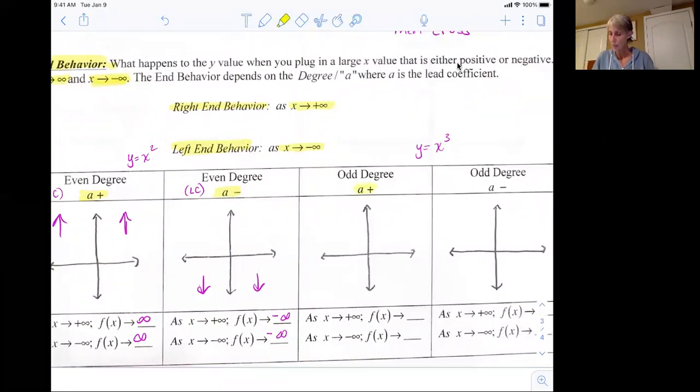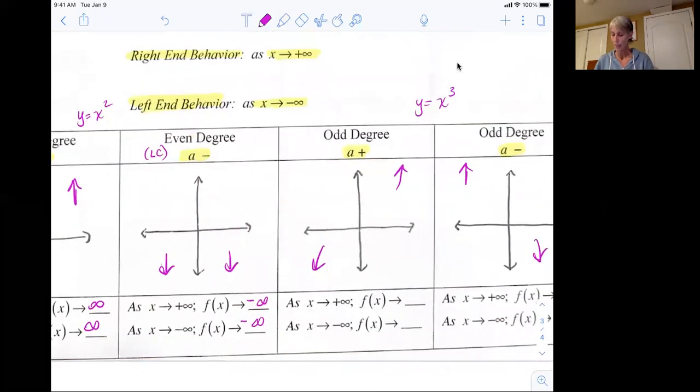If a is positive, it's going to be the x cubed function in its most basic form. We don't care what happens in between here. And when our lead coefficient is negative, it just flips over the x-axis, so it's going to go there. If I ask you to describe it, as x goes to infinity, f of x, our function, goes to infinity.